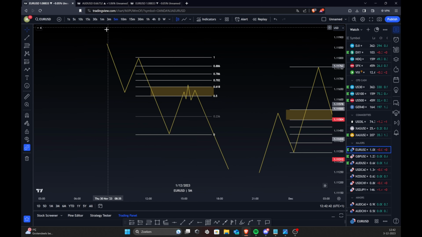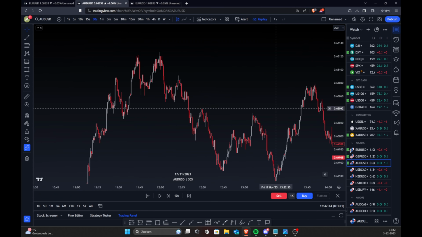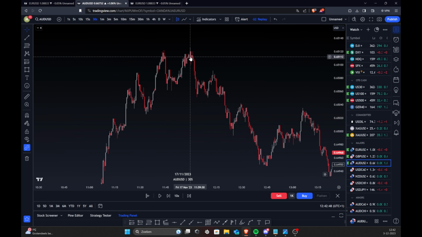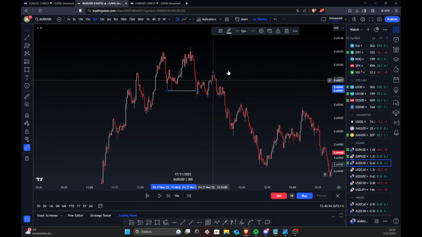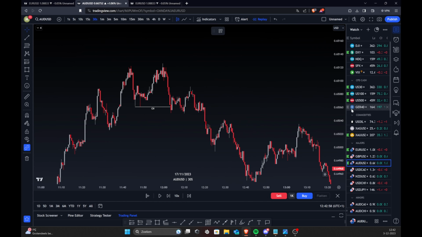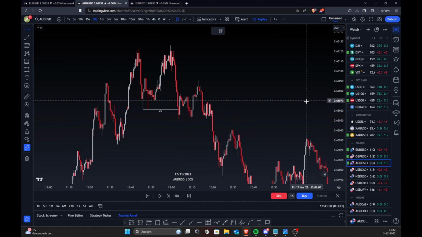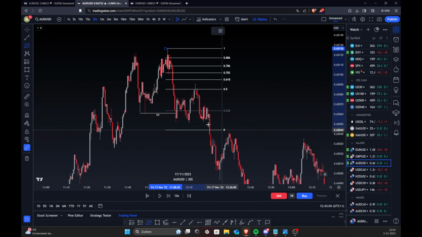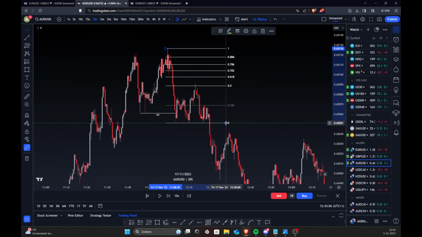Then I want to go over some real chart examples too. As you can see over here, we were in a downtrend, or in an uptrend, my bad. And from there, we saw this change of character happening. So what can you do to look for an entry? You can draw your Fibonacci from this swing high to this swing low, this one over here.